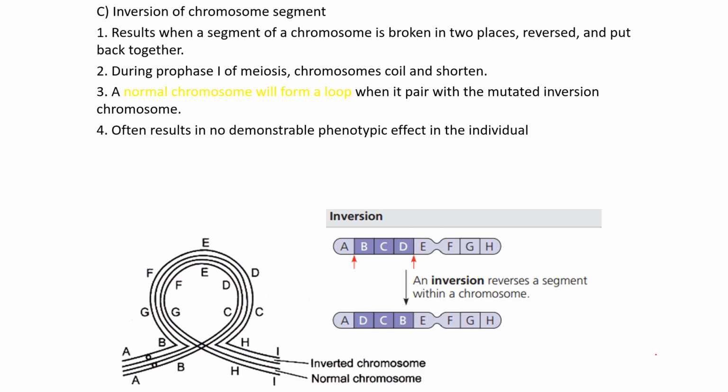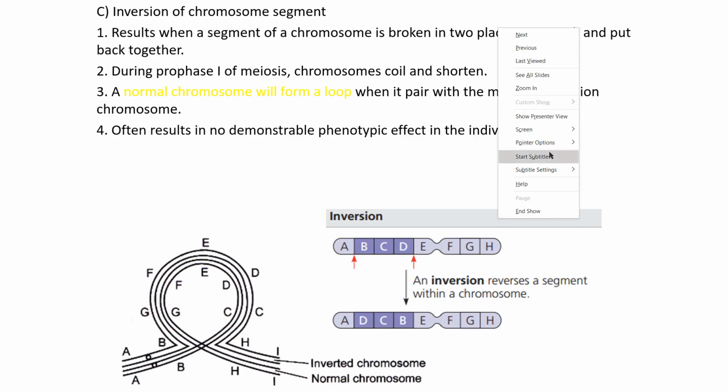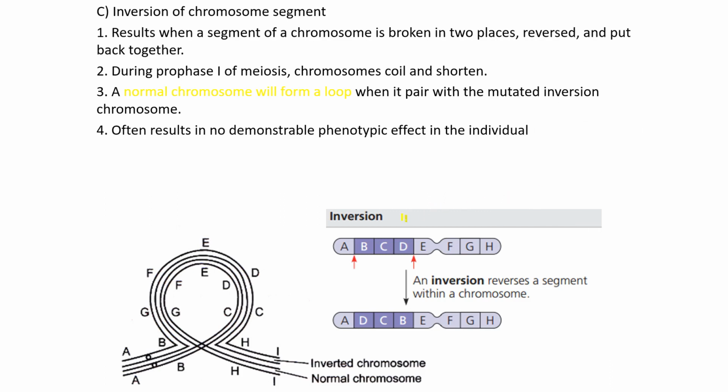So you can see from this example here, right? Let me get my pointer. This segment of the chromosome which is exposed to the mutation is broken in two places, then inverted and put back together. So you have this outcome, BCD becomes DCB. This is the normal chromosome.